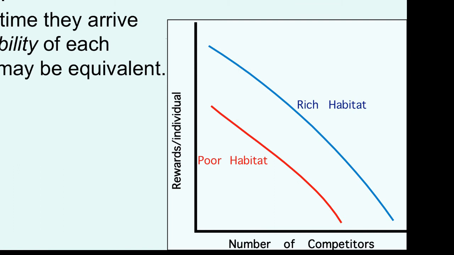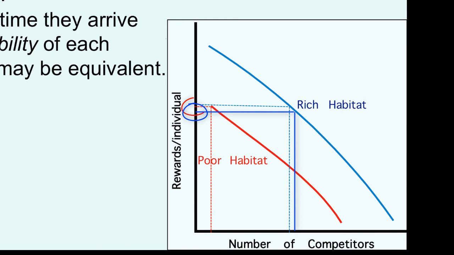But the idea here is that once you end up accumulating a large number of individuals in the rich patch, that will be associated with a certain amount of rewards per individual. And if you add individuals to this rich patch, and that might put them at this location, they would actually be better off not going to the rich patch, but instead going to the poor habitat patch, where they would be able to get these rewards.